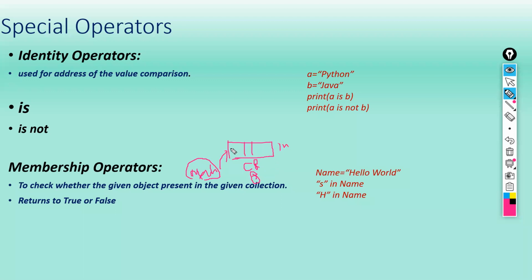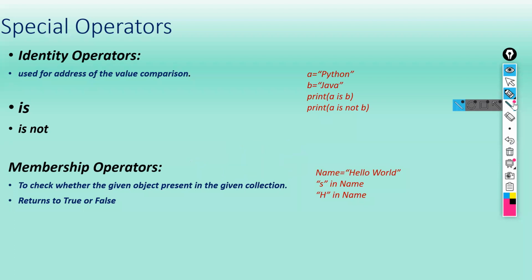If there is Mahesh, yes madam, or yes sir, so the statement gives true. If Mahesh is not present in the class, then it says false. No madam, he is not present.